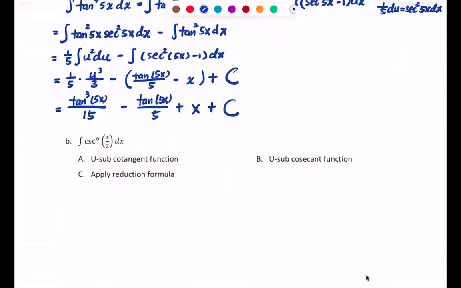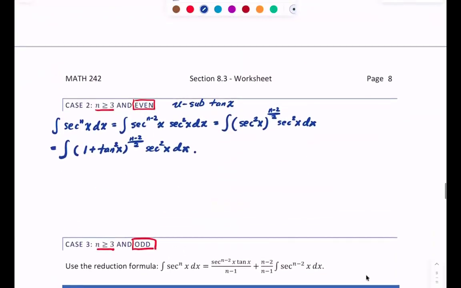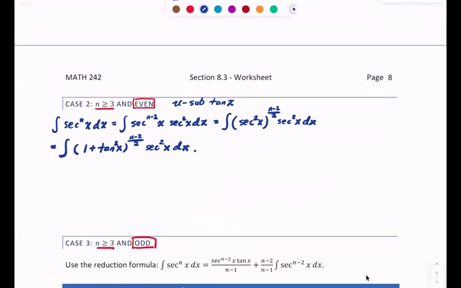Okay, B, we integrate just the cosecant. This one, remember we talked about the strategy for integrating just the secant. Right here. If it's even, this is the strategy for how to handle the integral of secant.